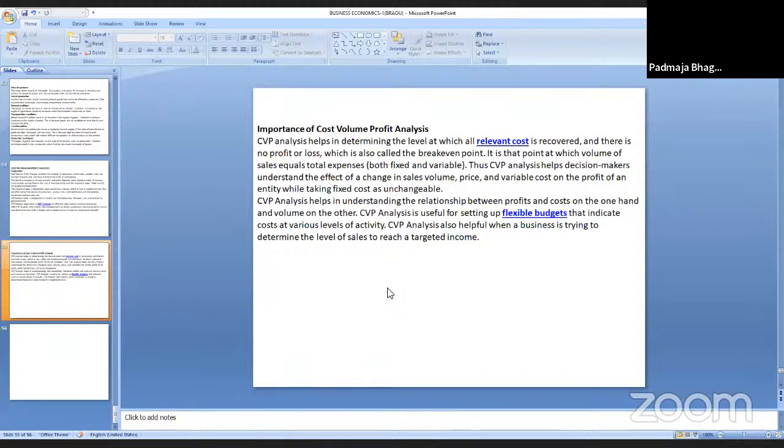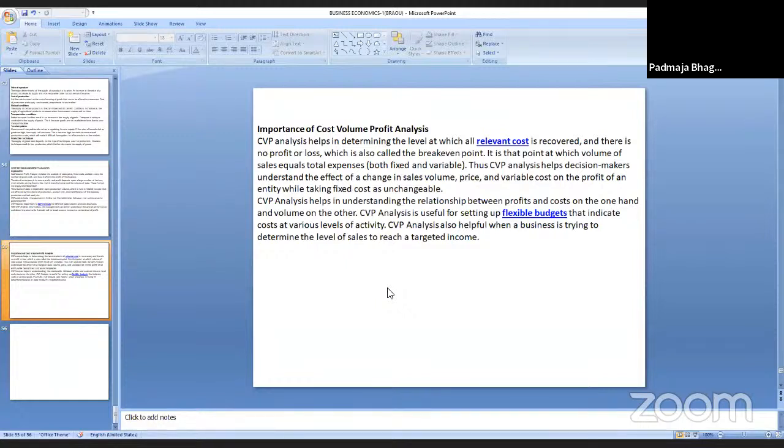And here, CVP analysis helps. This cost volume profit analysis helps us understand the relationship between the profit and the cost. It also helps decision makers understand how changes in the sales volume, the price, and the variable cost affect things. It also helps in understanding the relationship between the profit and cost on one hand, and the volume on the other hand.